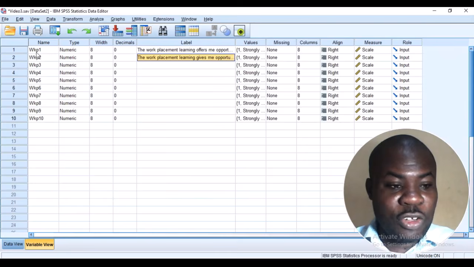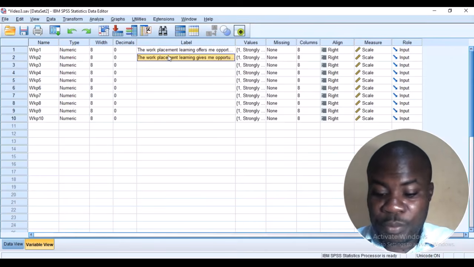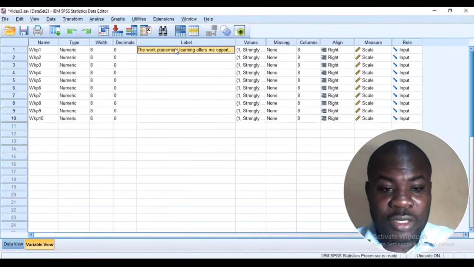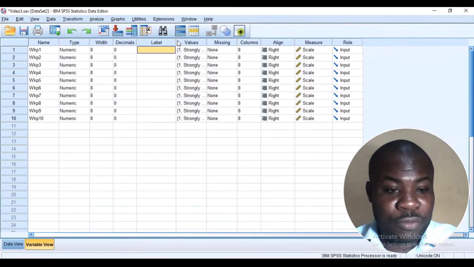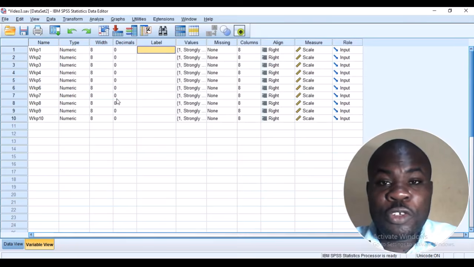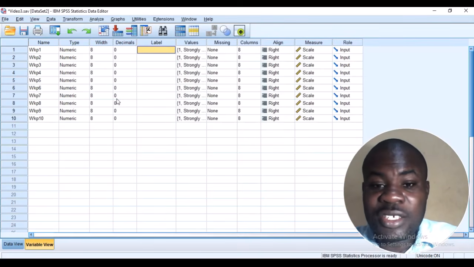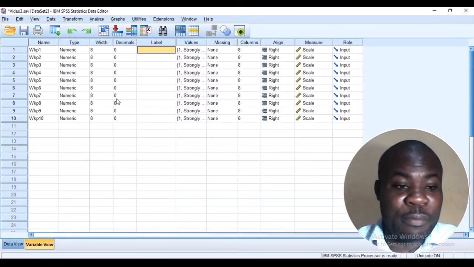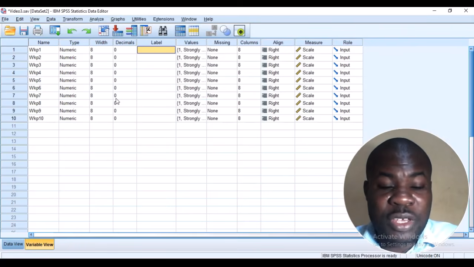Since you have already noted that this is workplace 1, meaning this is your first item statement, you may actually go ahead without labeling this, because it makes sure that it produces a much cleaner output for you. If you don't know how to code a data set in SPSS, you may want to check out my other tutorial on coding data into SPSS.